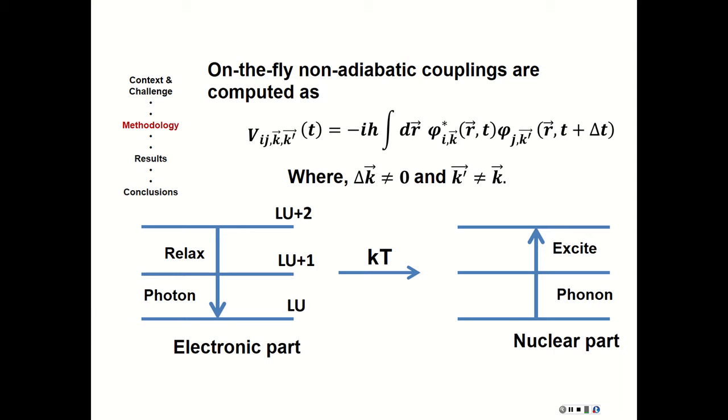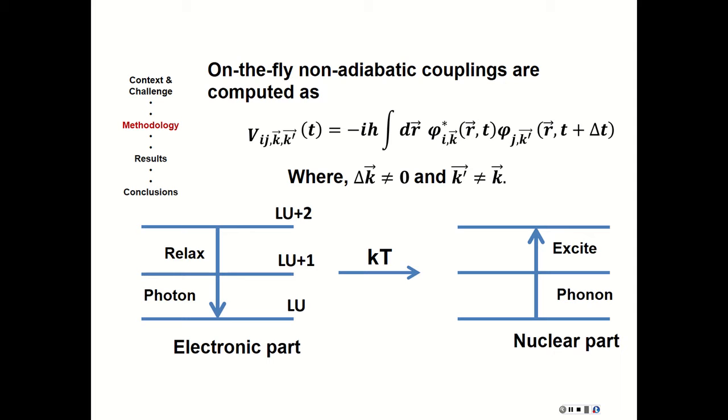Okay, and here is a schematic diagram of how the electronic part and nuclear part work. If the model is illuminated by a light pulse, then the electron, it should be not LUMO, it should be HOMO, like the valence band.